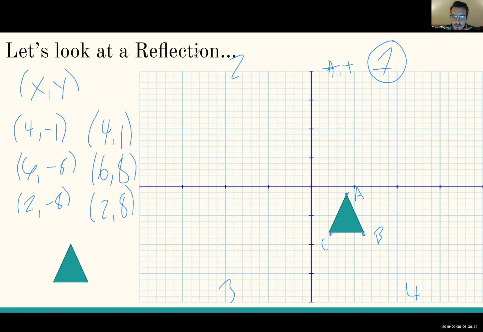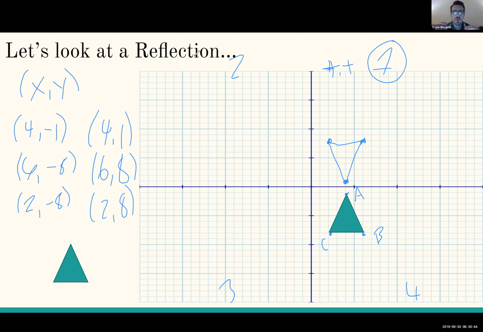So if I go 4, 1, and then 2, 8, and 6, 8, based off the new coordinates that I established, it gives me a new reflected triangle. Now, that was a terrible drawing, but you get the picture. What it's going to do is help us understand how to find the new location of the reflection based off the coordinates.